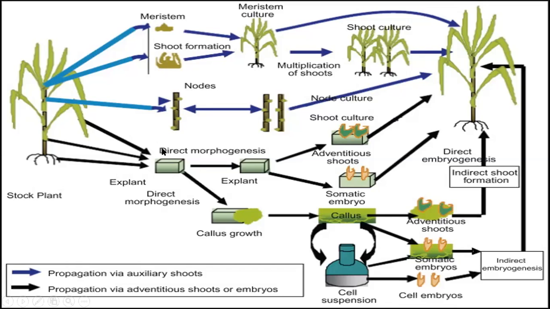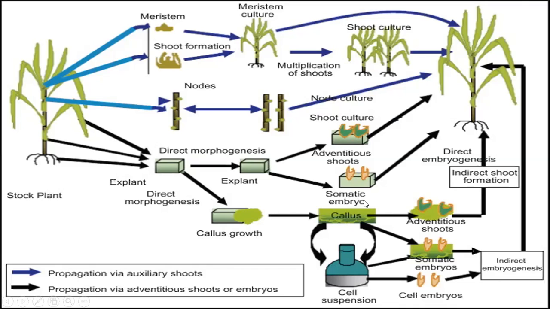And once we get these explants, we will culture them onto the nutrient medium, and finally we'll get the full plantlets, okay. Meristem culture, multiplication of the shoots, node culture, okay. And here direct morphogenesis, in which sometimes callus formation takes place, okay.